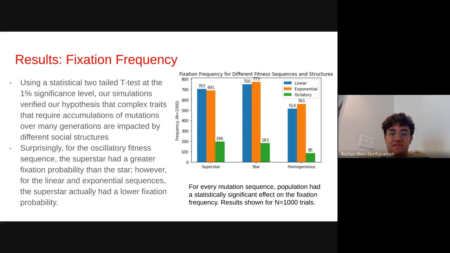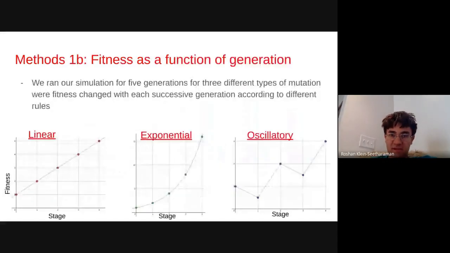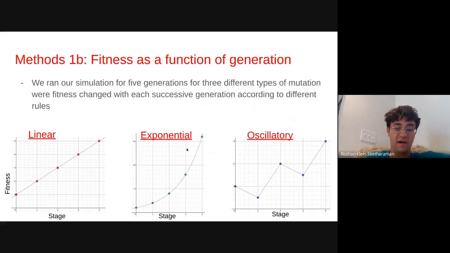Another interesting finding is that the linear versus the exponential curves didn't actually make a huge impact on fixation probability. This is surprising because if we go back to this slide, the exponential fitness goes to a much higher absolute value. For example, at the final stage, it's about 16, whereas the fitness in a linear curve only goes to about 5.